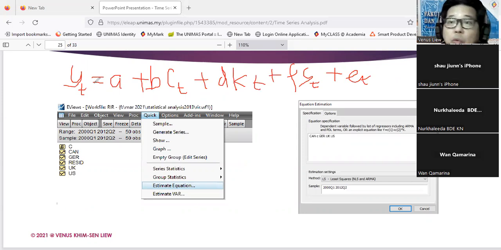You want to know the value of your Y at t, which here is the UK real interest rate.